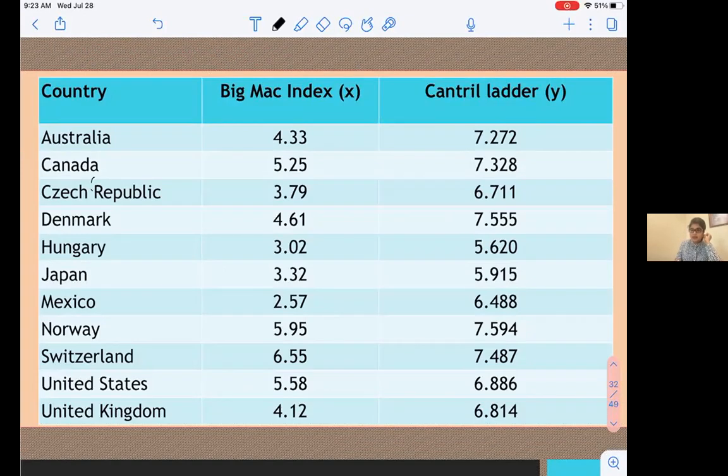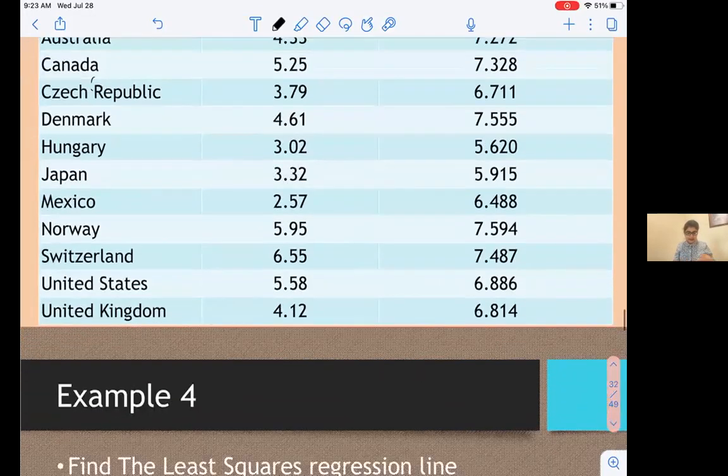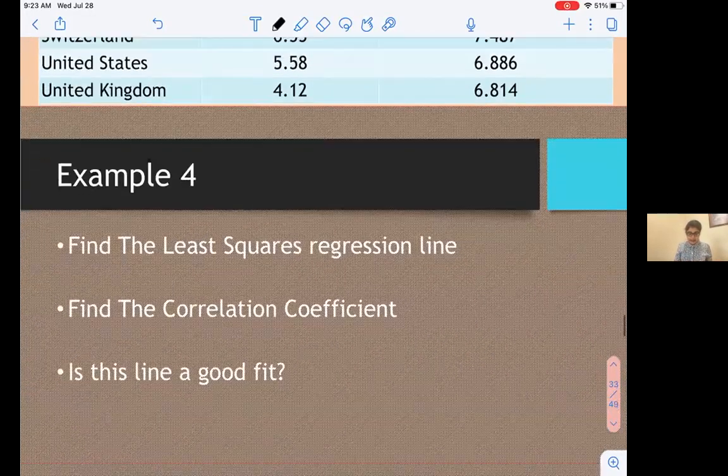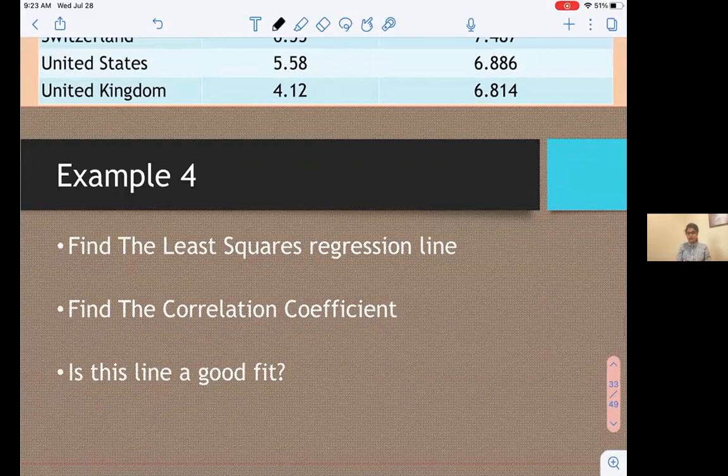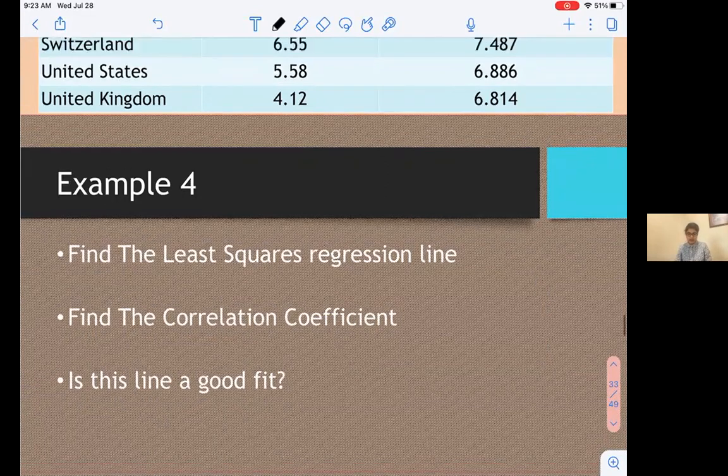These are all the X values, and their level of happiness is measured by the Cantril ladder. So we are going to see how they are correlated to each other. Again, you have to find the least square regression line and the correlation coefficient, and then figure out whether it's a good fit or a bad fit.